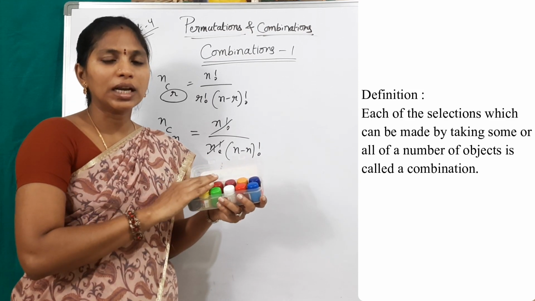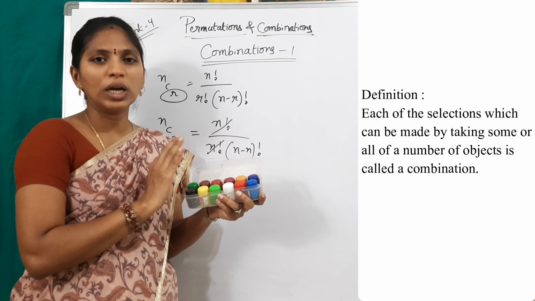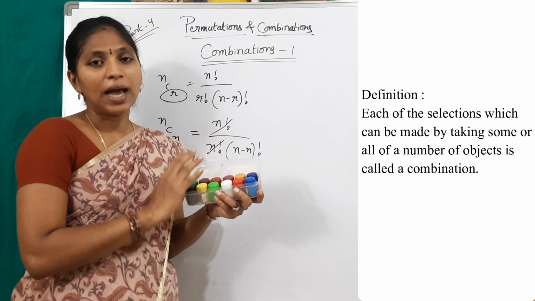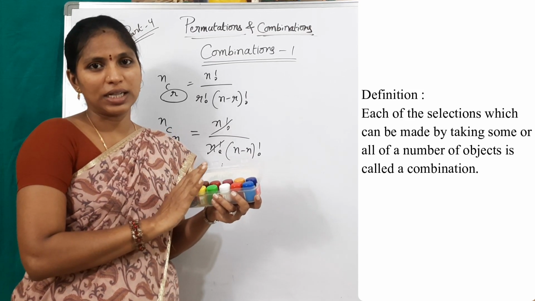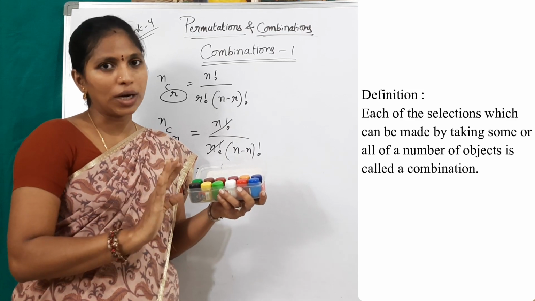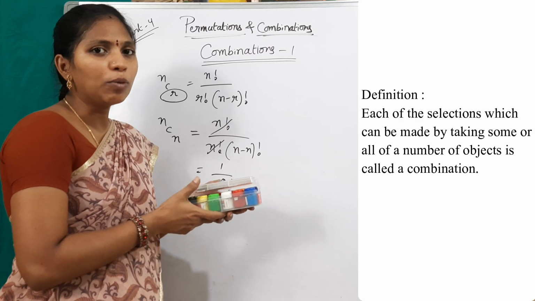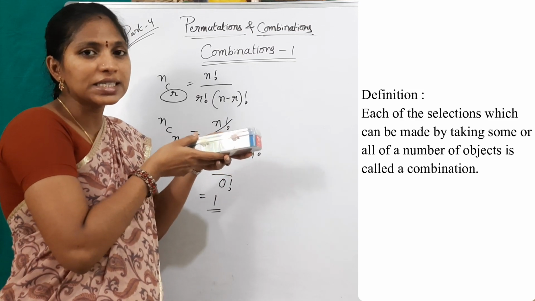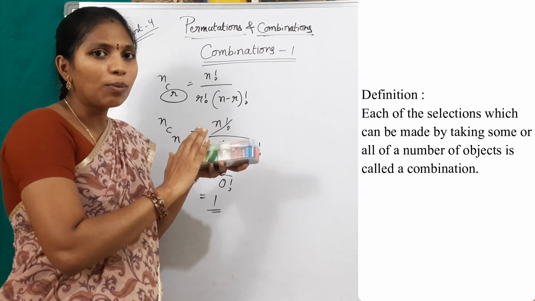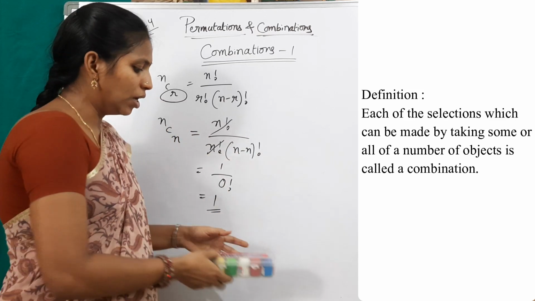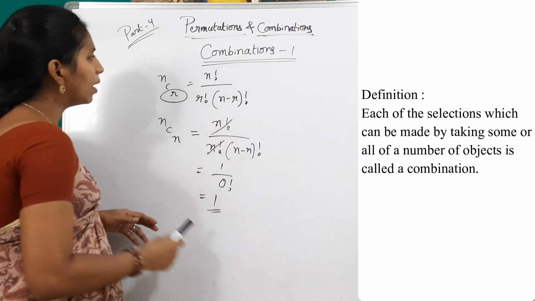From these 12 color bottles, I want to pick only 3 bottles. In the selection order is not important. I want to select 3 bottles from this container. This container has 12 bottles. So, what is the formula?